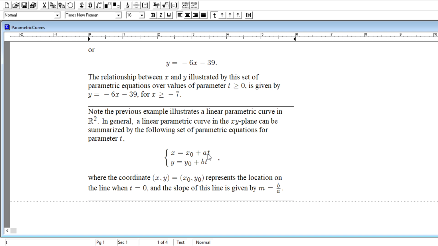Note that if t equals 0 in either equation, the plus a term or the plus b term turns into 0, leaving behind just x null and y null. So those are our locations of x and y where t is equal to 0.